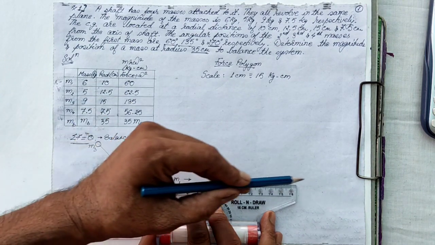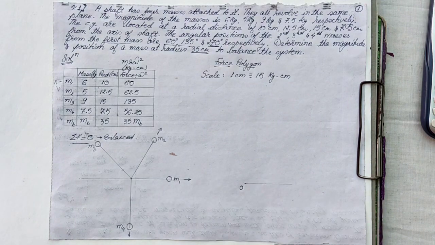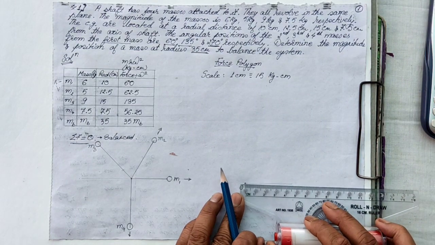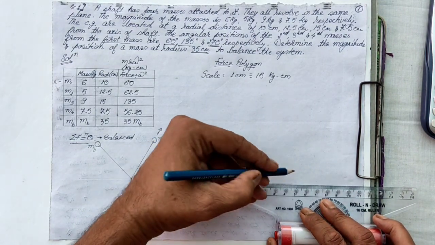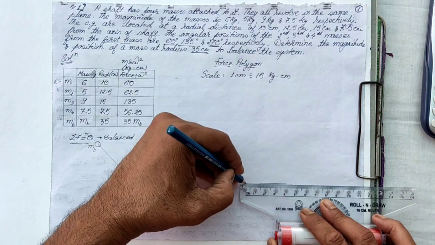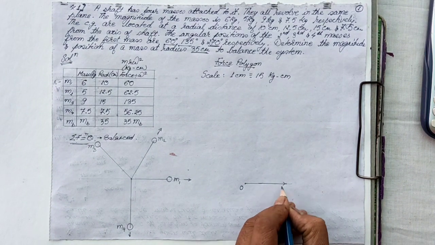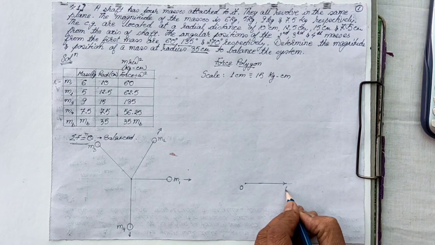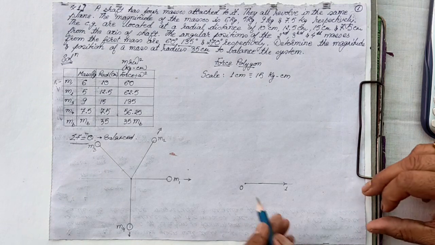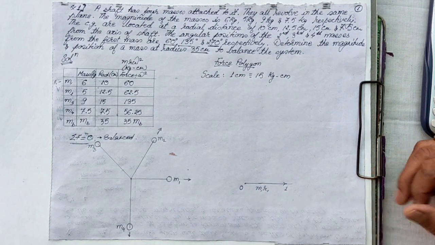Now as this is moving this way, I'll move my pencil also this way. This vector comes out to be 4 centimeters, so I mark this as 4. I name this point as 1. This length is actually M1R1.